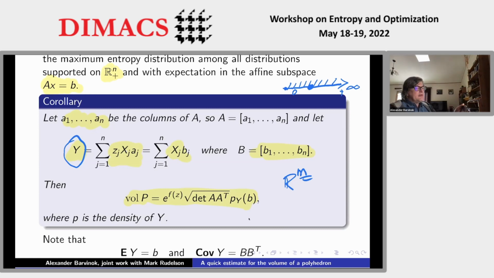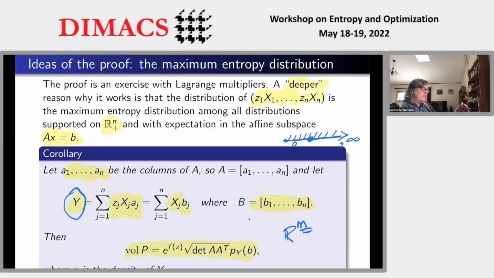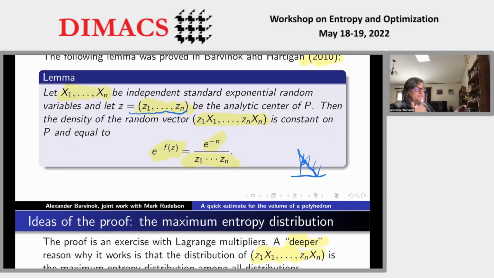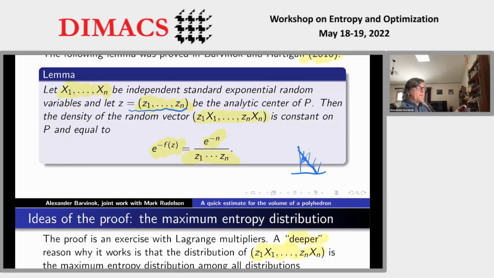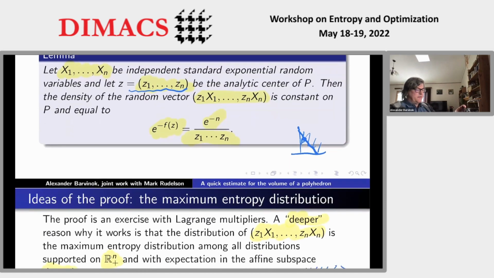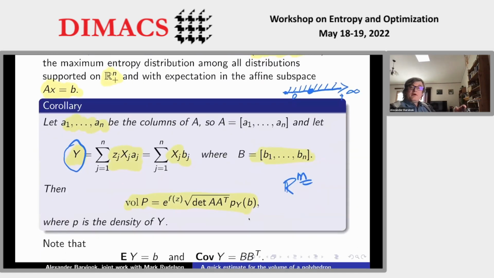And that follows from this simple lemma: if we rescale the standard exponential by the analytic center, then we get a random vector with density constant on the polyhedron. Right. So anything the matter now?